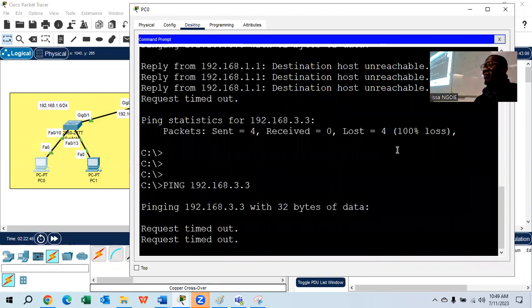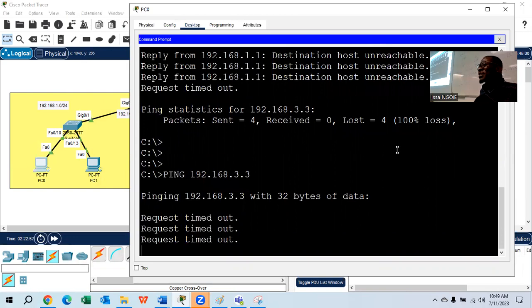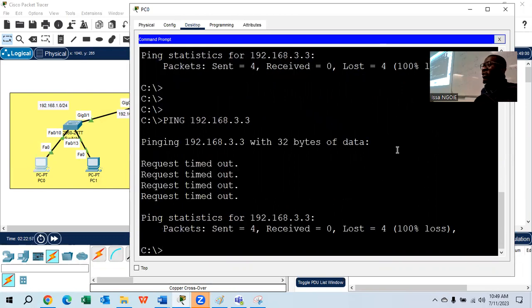Request timeout. Request timeout shows there's a problem. We cannot reach the server, but you can know that at least there's a routing protocol configured, right? Because the request jumped router 1 already, but it couldn't reach the server.